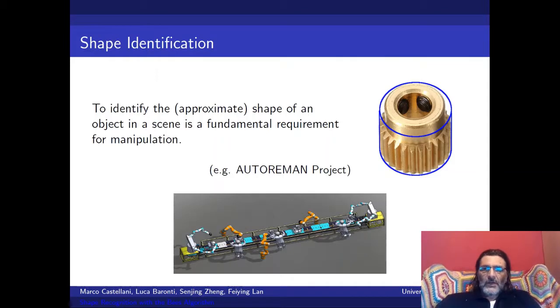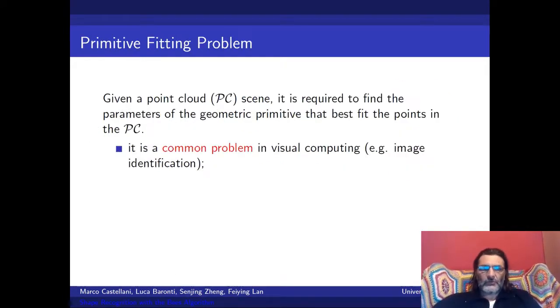The idea is that the shape of many mechanical objects can be approximated using geometric primitives like cylinders, cones, boxes, etc. This is very important for robotic manipulation, because once we know the shape of an object, we can decide how to pick up the object, so the grasping points. This study is part of a wider project, the EPSRC-sponsored Autoreman project, which is on robotic disassembly for remanufacturing applications.